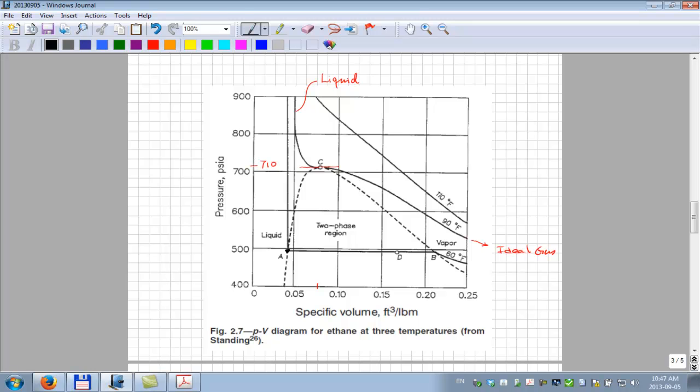This is the properties of the saturated volumes. So this would be saturated vapor and this would be our saturated liquid of ethane at 60 degrees Fahrenheit, and it's at 490 psi. That's the vapor pressure. So here we've got the vapor pressure of component C2, at a temperature of 60 degrees Fahrenheit, equal to about 490 psi.